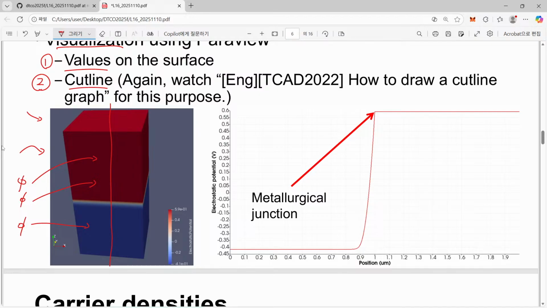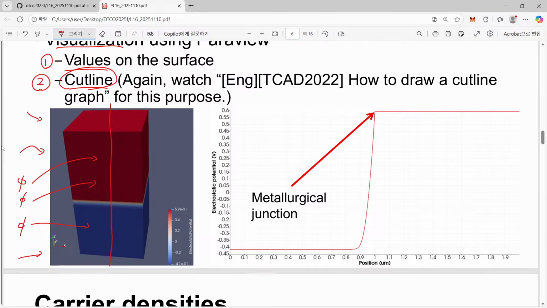I wanted to stress that that is typically very important for our analysis. On the left side, we can see quite a beautiful three-dimensional view, which is good for visualization, but it does not give us the exact number. Since we are talking about performance improvement, we need to have the exact number. So in order to get the exact number, it is always good to have this cut line graph.